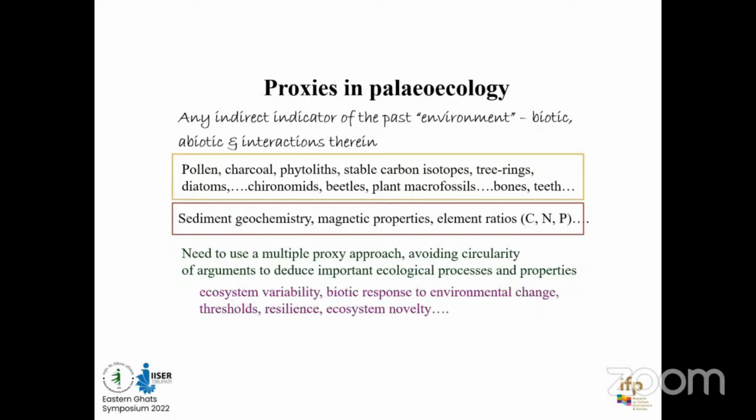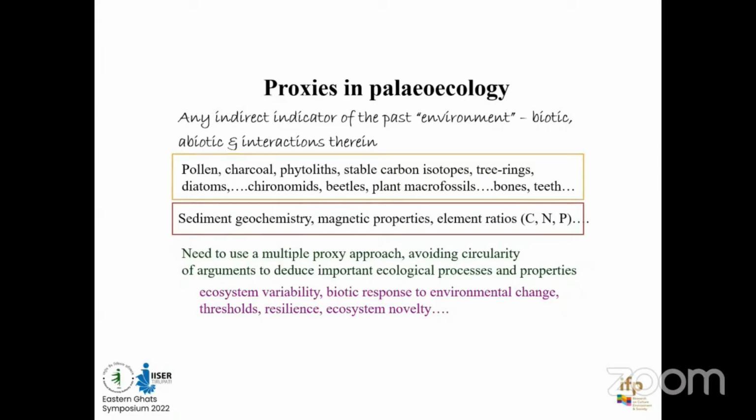What we are trying to see is the variability and the response to environmental change, including resilience, because the past data will tell us what the vegetation spectrum was in the past and what it is at present.